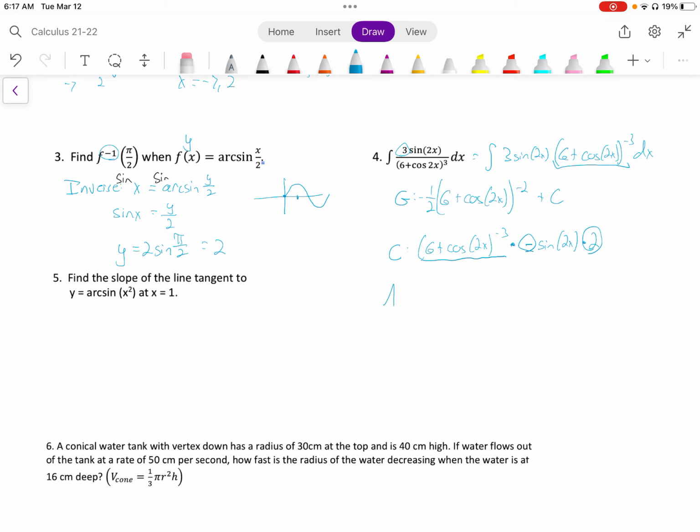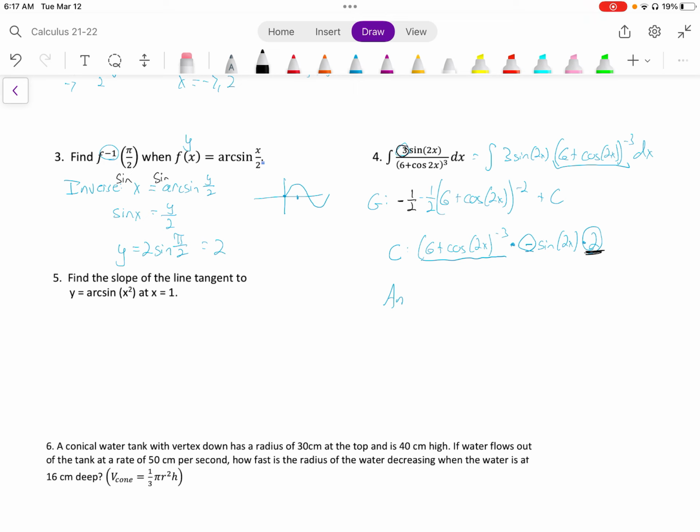So our answer, well, let's write some things in here. So this was our guess. We want to cancel this 2, so we need a 1/2. We need to cancel the negative, so we need a negative.